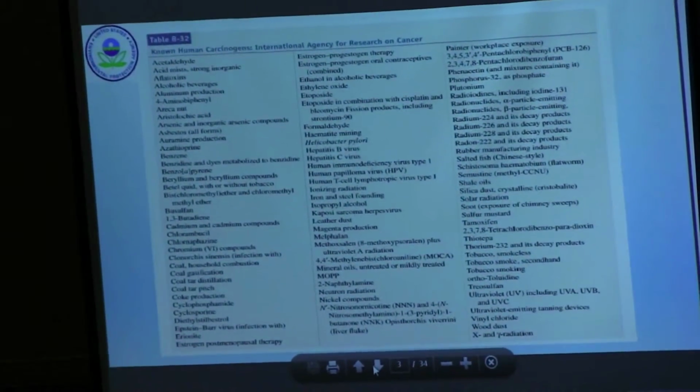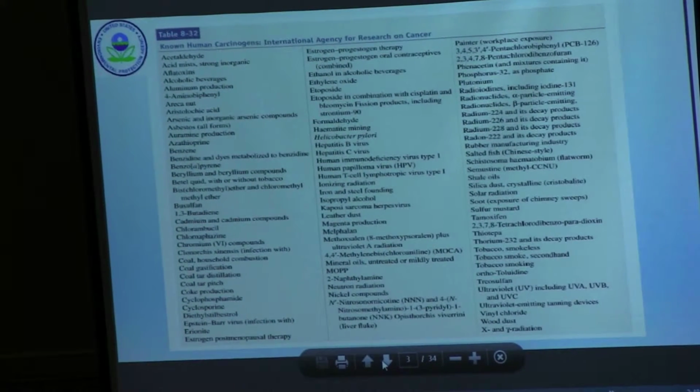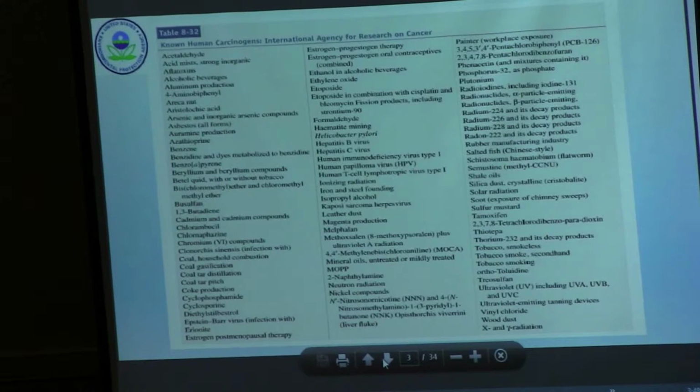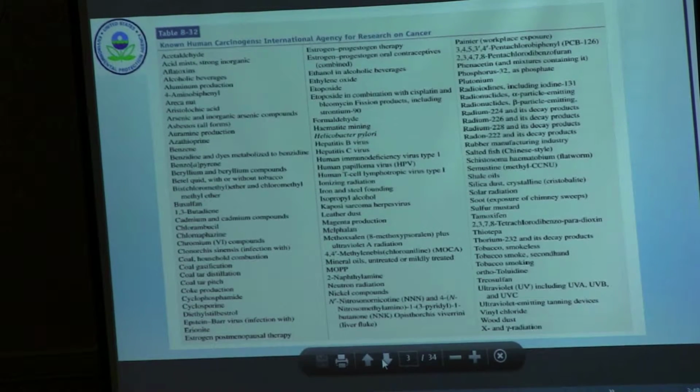And this slide lists all the known human carcinogens that are classified by the International Agency for Research on Cancer, or IARC. Except for a few bacteria or viruses, which are biological carcinogens, and radiation, of course, which is physical, most of these carcinogens that cause cancer in humans are chemicals.